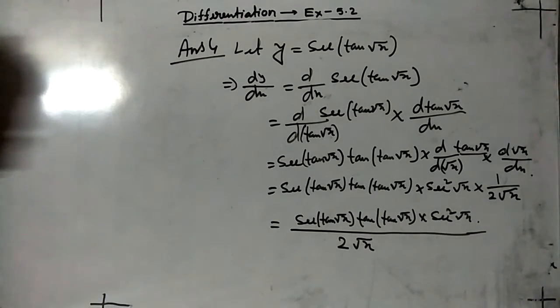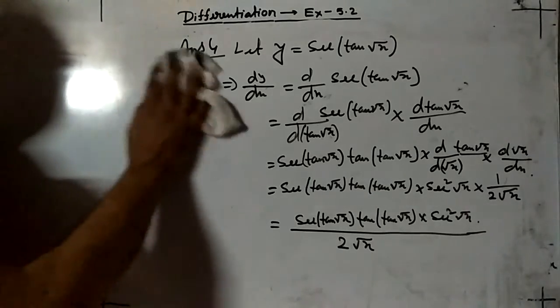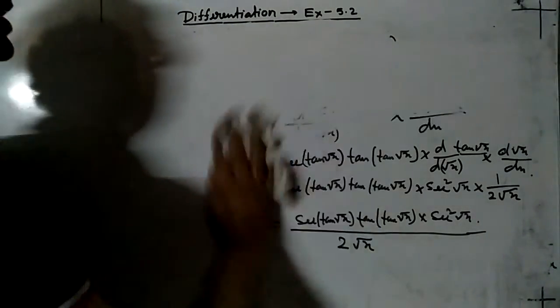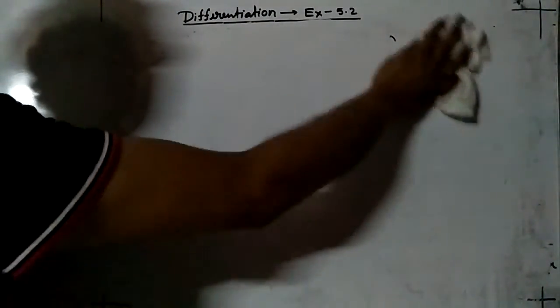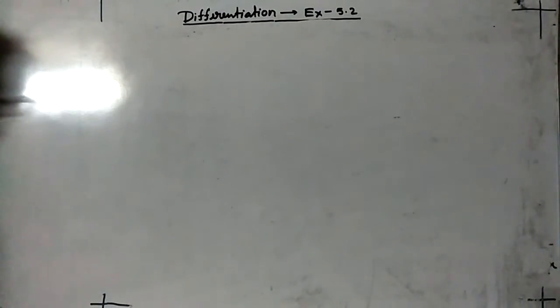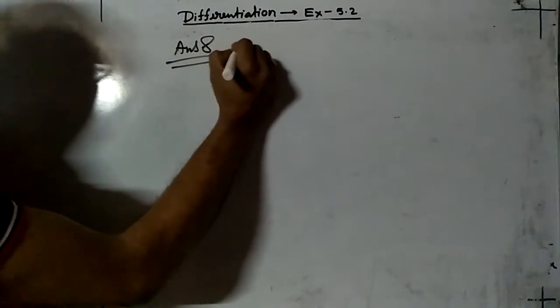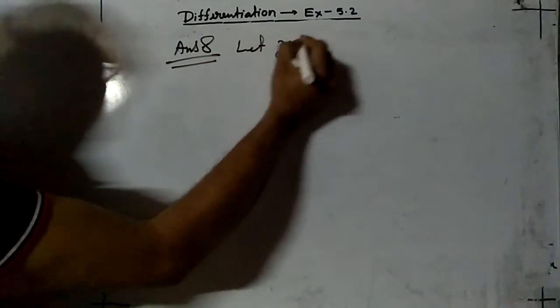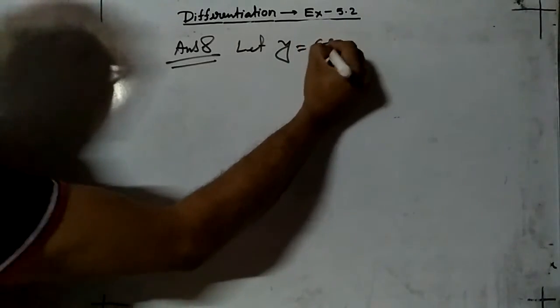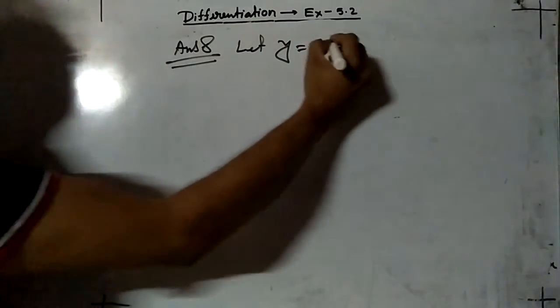One more question I am showing you, that is question number 8, and the other questions you will try. If you face any problem, then you can clear your doubts. I'm grabbing this now. Question number 8. Let y equal cos root x, right?